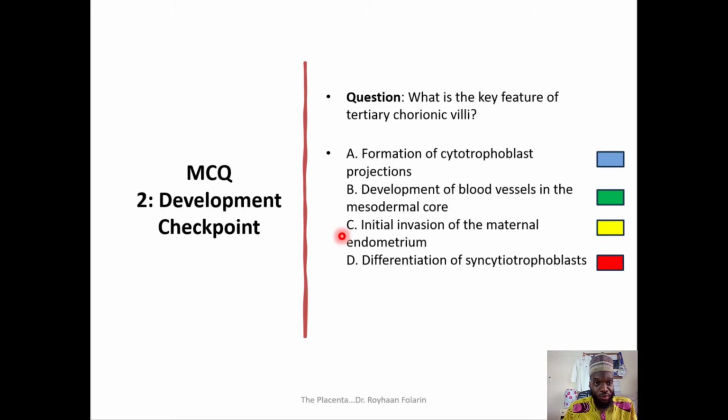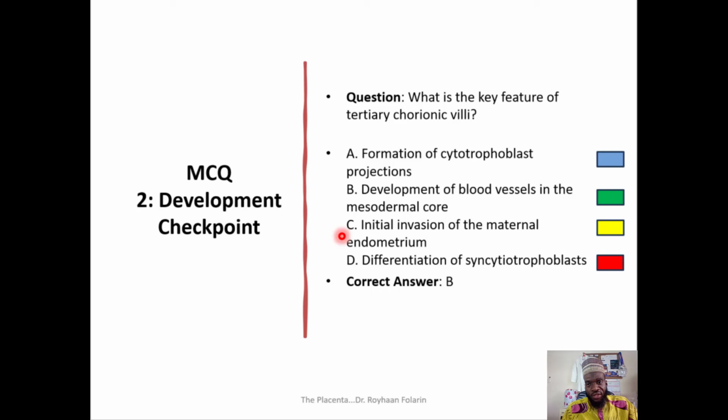Okay, one to go. You can flash your card. Once again, I congratulate you if you have flashed your green card, because the right answer is development of the blood vessels in the mesodermal core. So tertiary villi are distinguished by the development of the blood vessels, which facilitates fetal circulation.